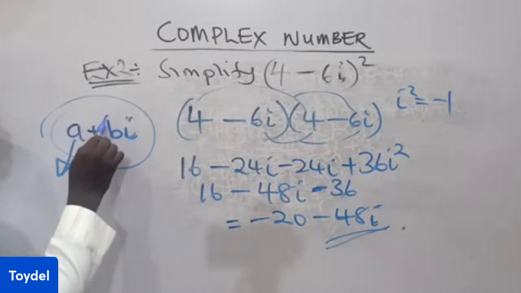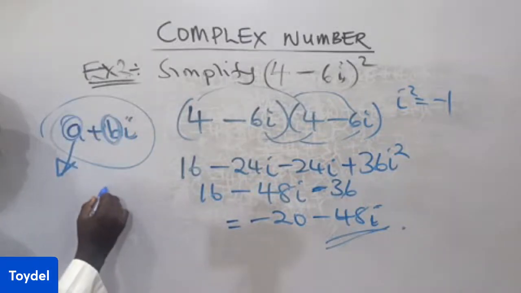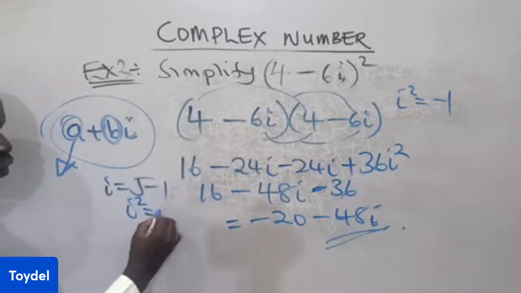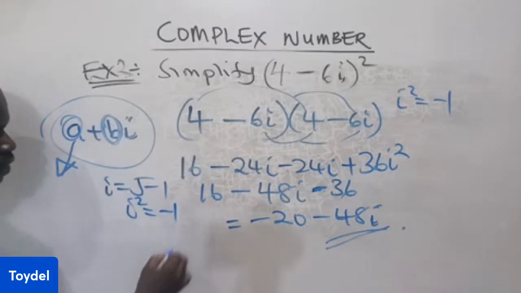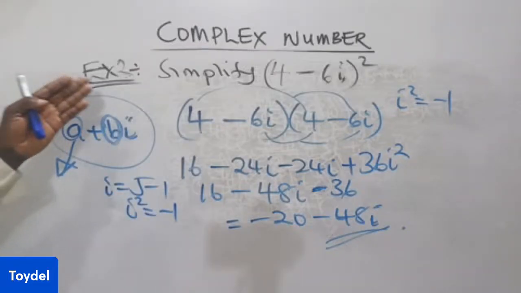This simply means that the value of B here is the imaginary part, while A is the real part. We give the value of i to be equal to the square root of minus 1, so that i squared will be equal to minus 1. Then we went straight into the basic operations on complex numbers. So we were able to give examples on addition and subtraction before we moved to multiplication of complex numbers.